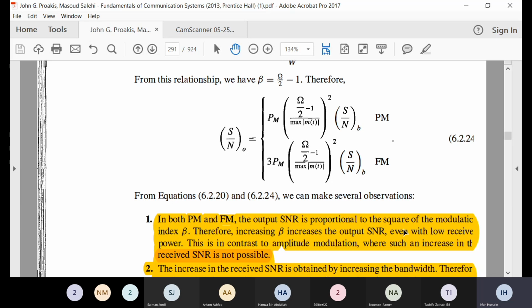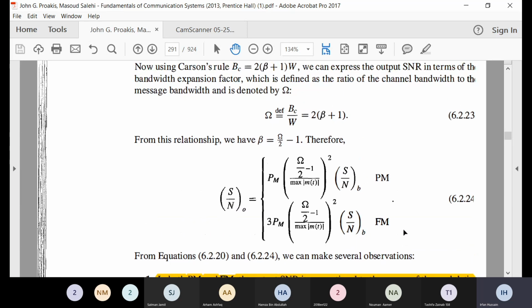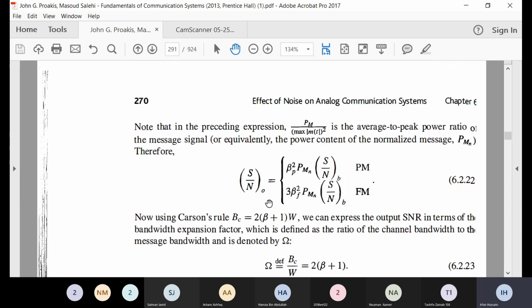You could see that the signal to noise ratio at the output is directly proportional to beta, which is almost non-existent in AM communication, because in angle modulation you have this direct proportionality.